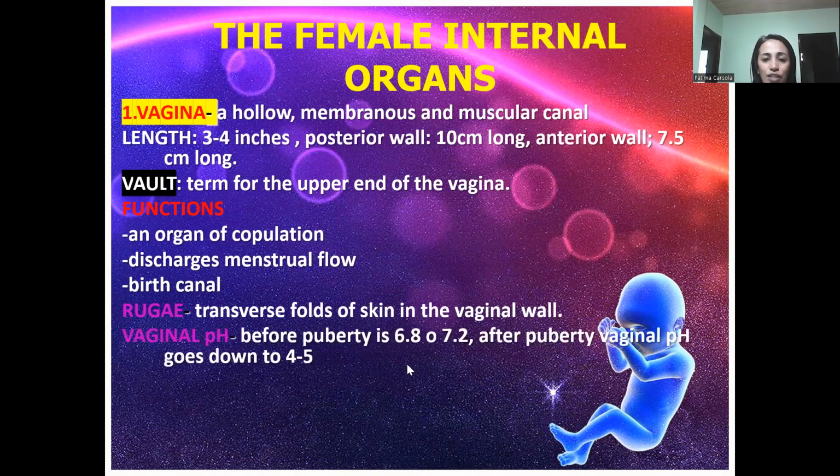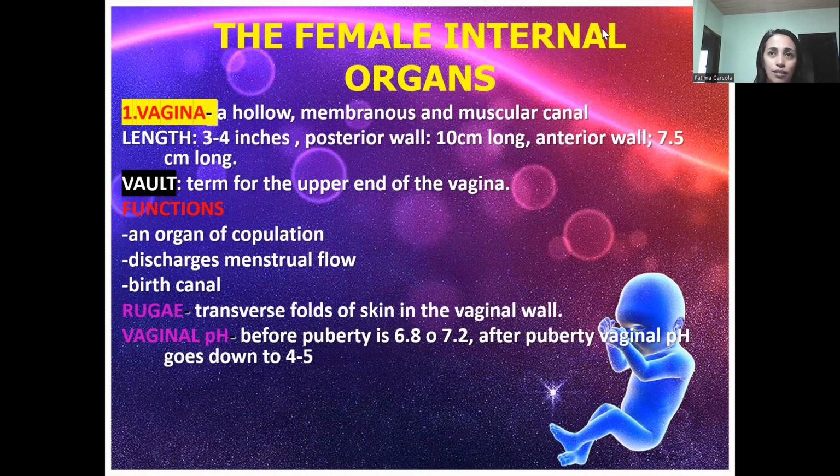Okay? The vaginal pH here. Take note that when you have puberty, your ovaries are already active. Take note, in maternal and child health nursing, it's a different thing. If you're not yet pregnant, your ovaries are functional. When you're pregnant, your ovaries are no longer functional because their function is taken by the corpus luteum, and the placenta thereafter.